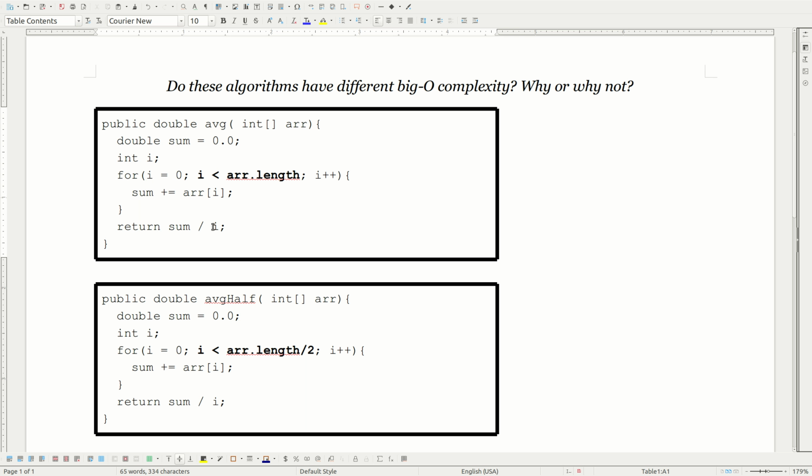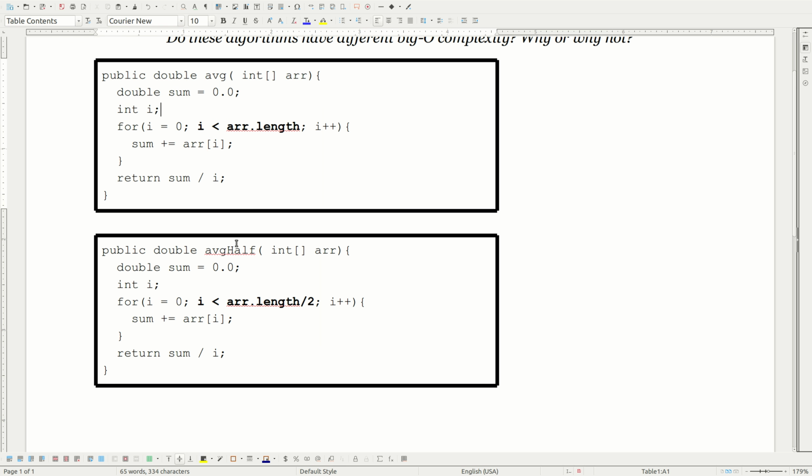So this one was something times n, and this one is going to be something times 1/2 n. And anything times 1/2 n is still going to be a linear pattern.